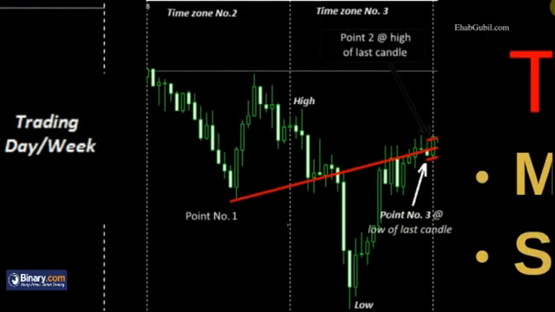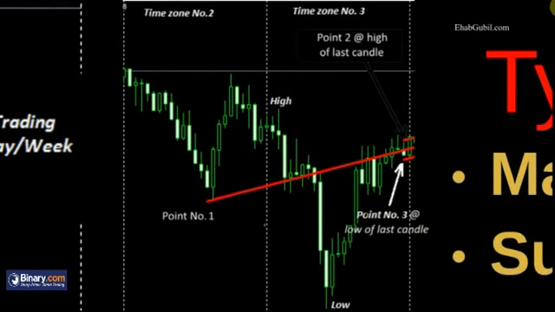That means we look at time zone number 3 and watch the price movement that occurred first, high or low. As we can see in this chart, in time zone number 3, the high pivot point occurred first, followed by the low pivot point. And this is important.